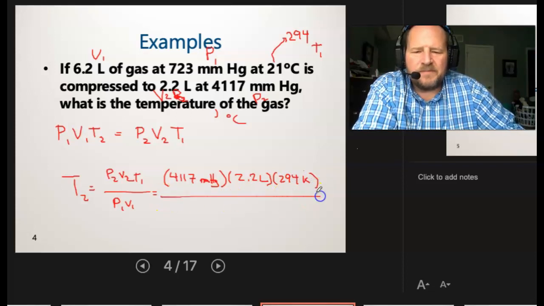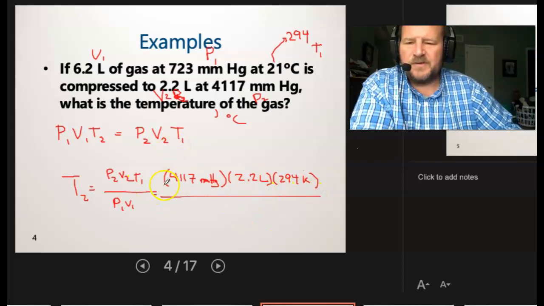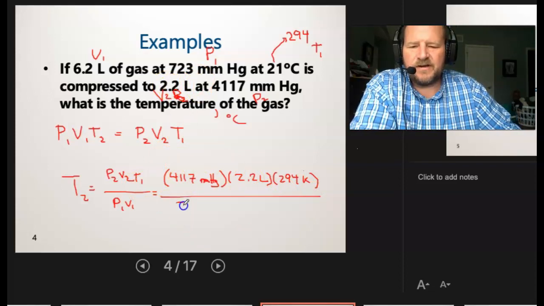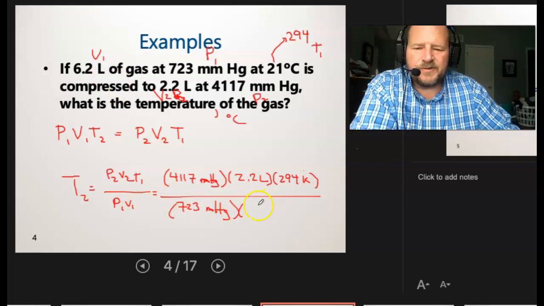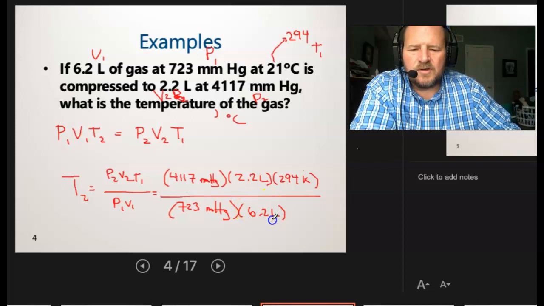I'm going to divide all that mess by P1, 723 millimeters mercury times V1, 6.2 liters. Liters cancels out. Millimeters of mercury cancels out. I'll be left in Kelvin.